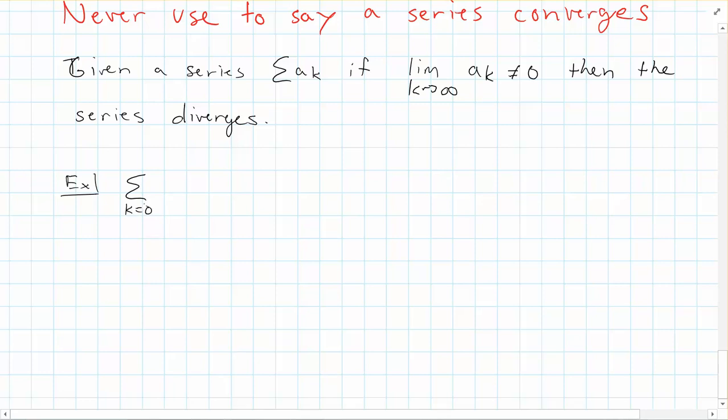So we have a series from k equals 0 to infinity of 2k over k plus 1. So we're going to use the divergence test. And again, when we get more of these tests done here, we'll talk in class or on these videos about how do we know which test to apply in which case, because that can be the tricky part here, to know which test to apply.